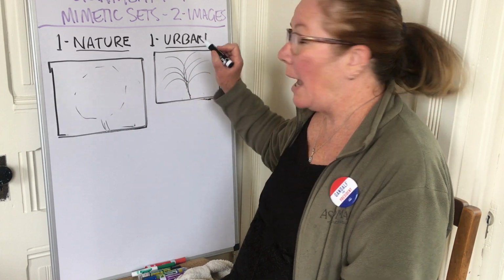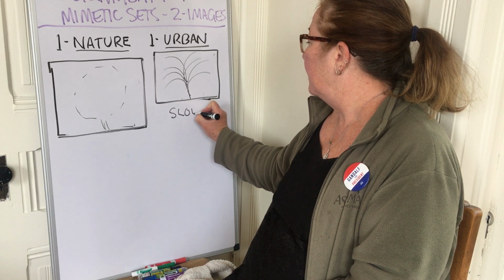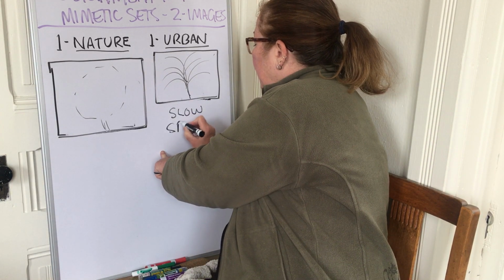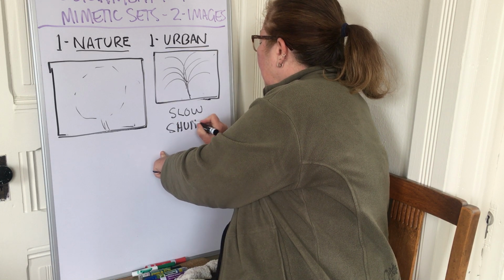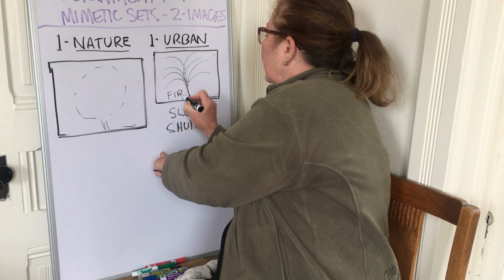And most of you will have, on your camera, a slow shutter speed. If you want to capture fireworks, you want a slow shutter speed. This is for fireworks, right?